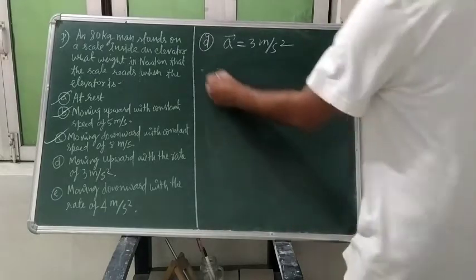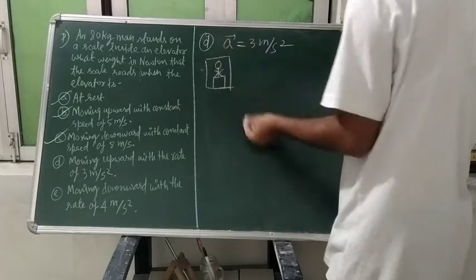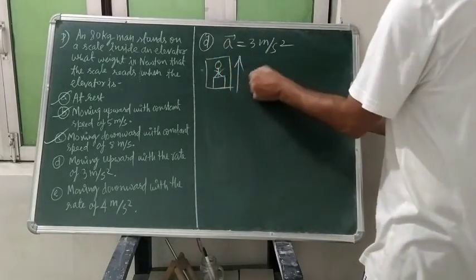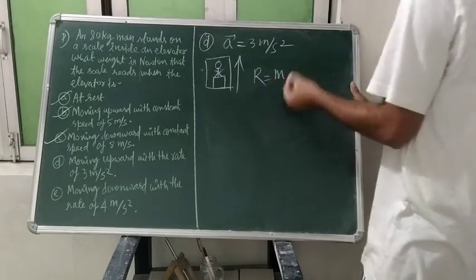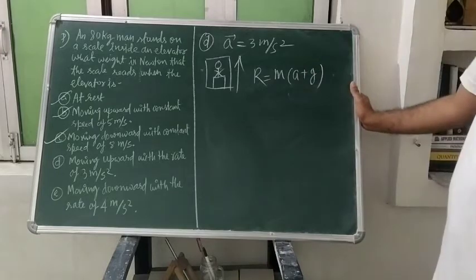Now it is moving up. When the person is moving in the upward direction, I have told you that our reaction will become M times A plus G, isn't it, students?